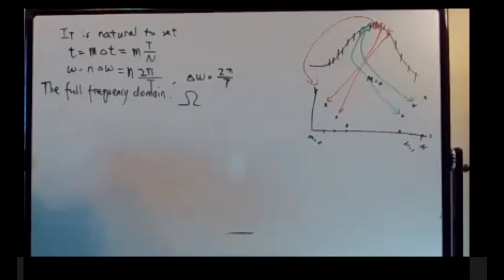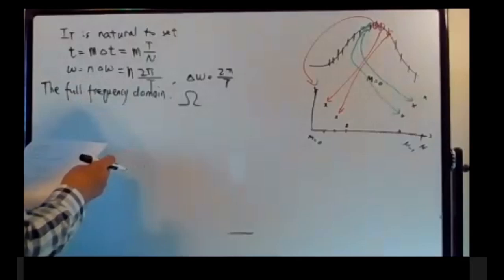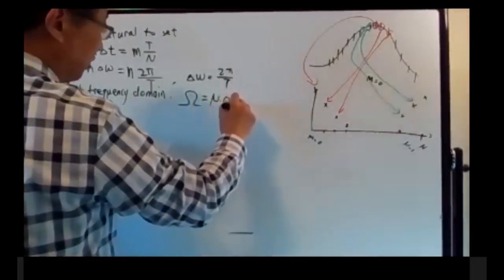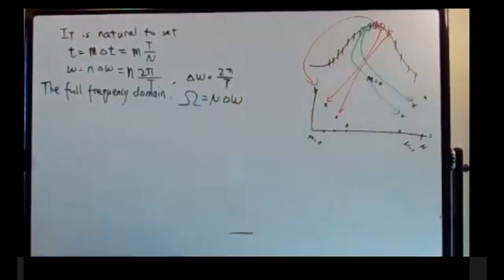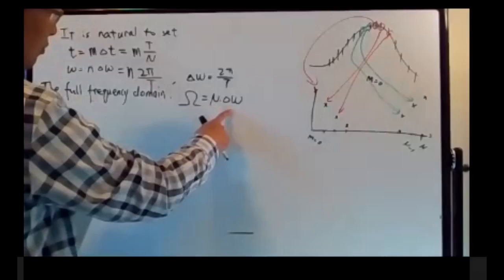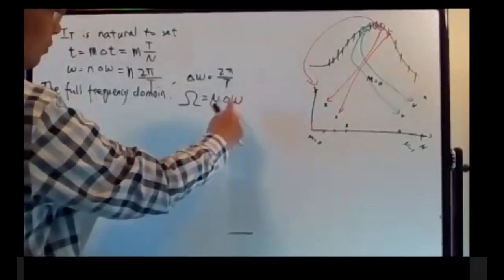So the full frequency domain is N times delta omega, so this is the total number. This is the frequency grid.